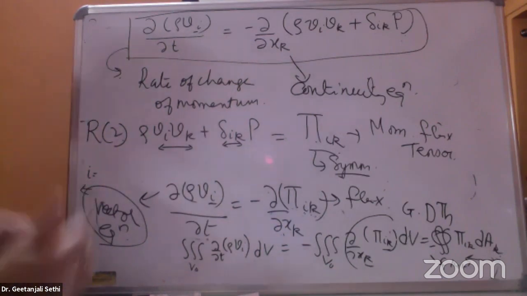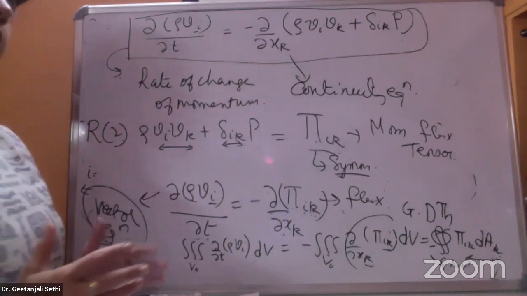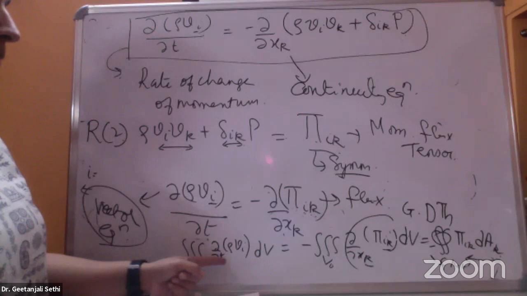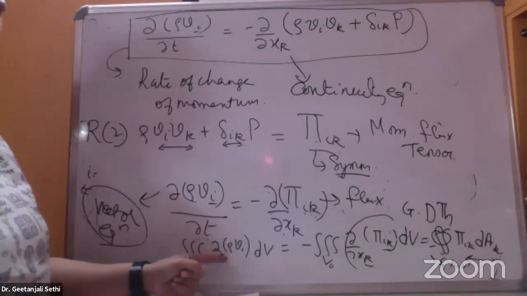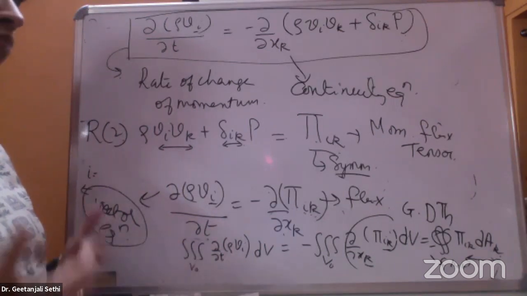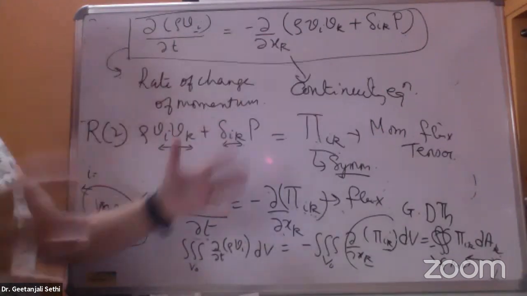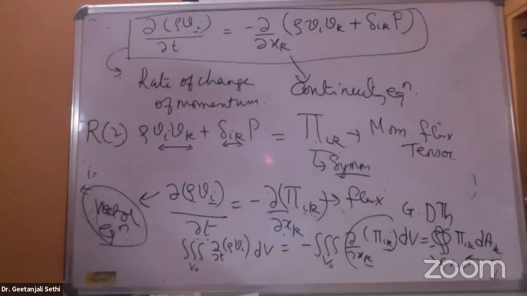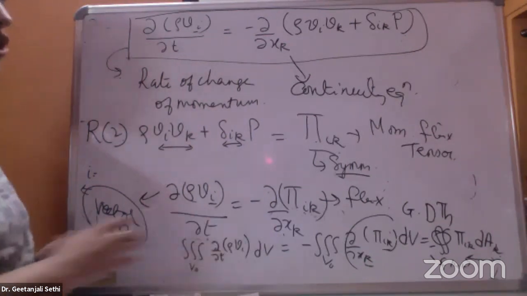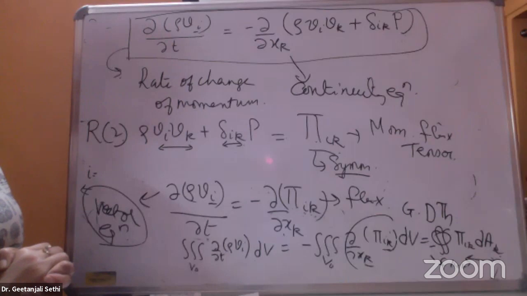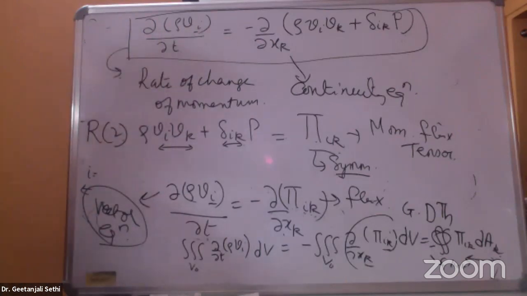So within a small element, you have the momentum of that volume element changing, but where does that momentum go? That momentum goes as the flux that flows out. So this is nothing but the conservation or continuity equation. So it's like conservation of flux or continuity equation in terms of your flux density or momentum density, right?